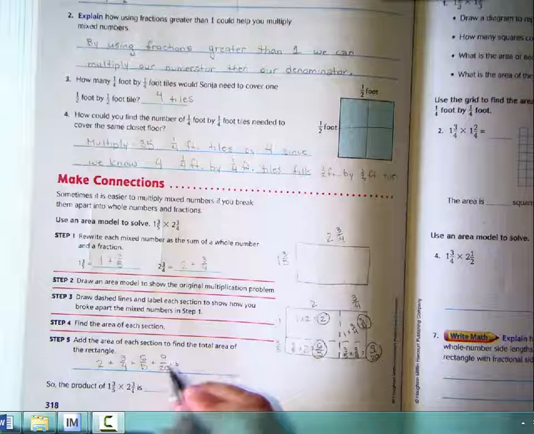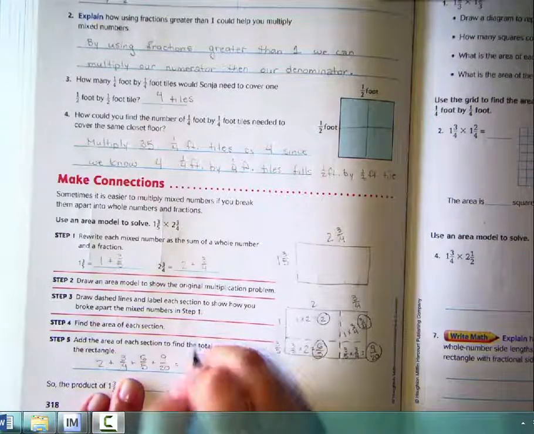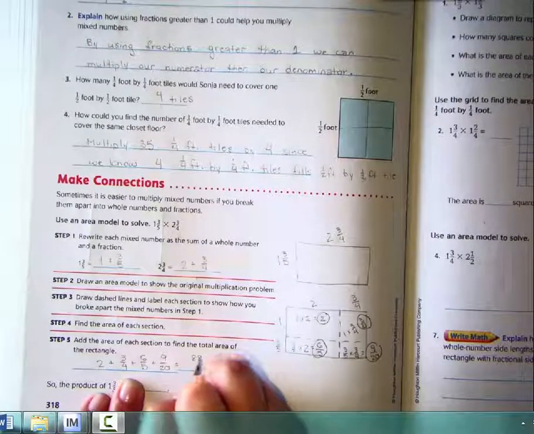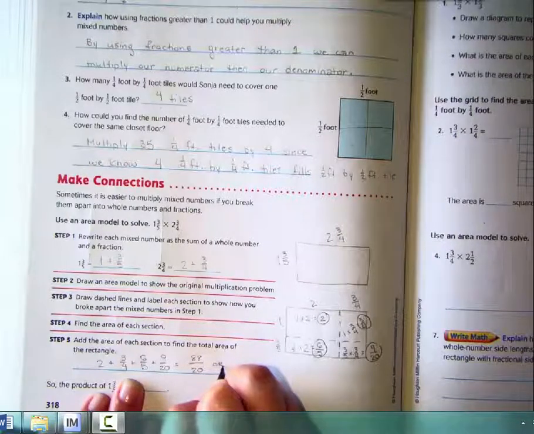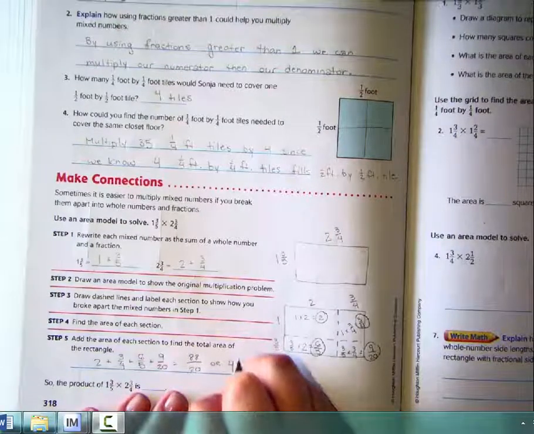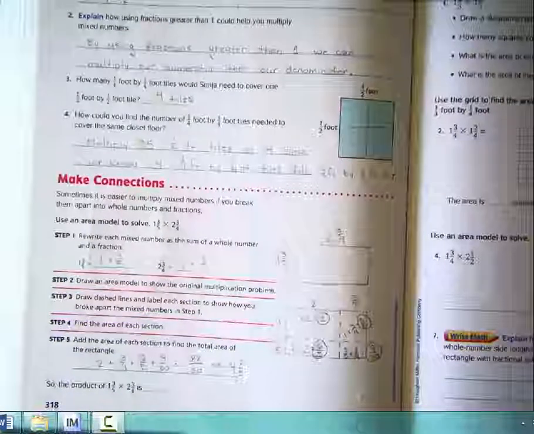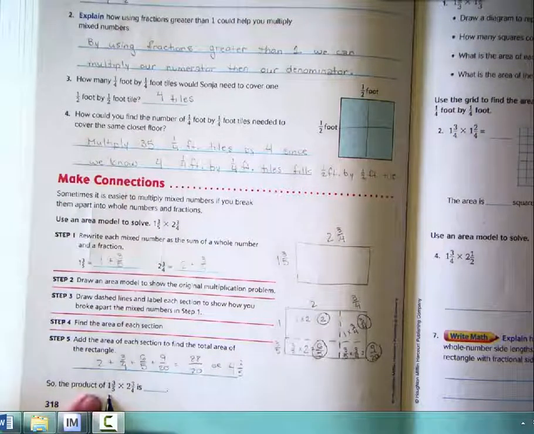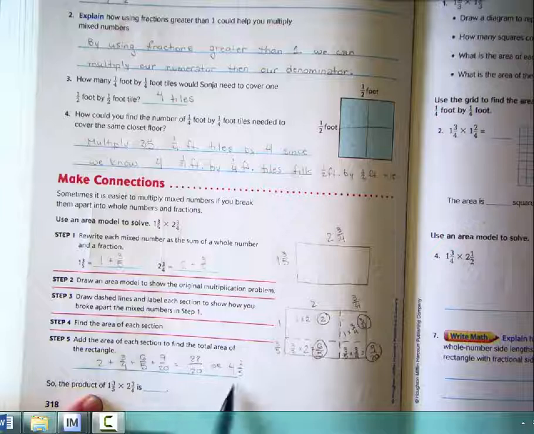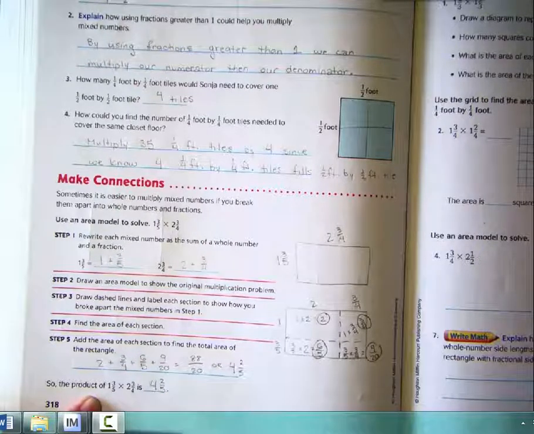And if we add all those together, of course finding common denominators, because our denominators have to be the same when we add, we would get 88/20. Or if we changed it into a mixed number, it would be 4 2/5. Okay? So that means the product of 1 3/5, remember our original problem, times 2 3/4, is 4 2/5.